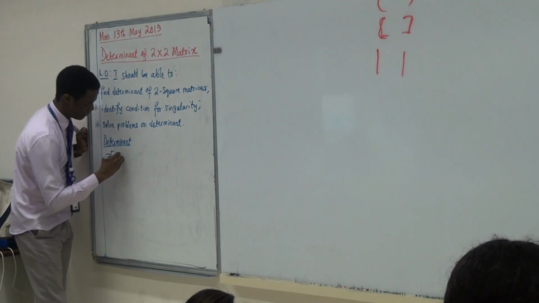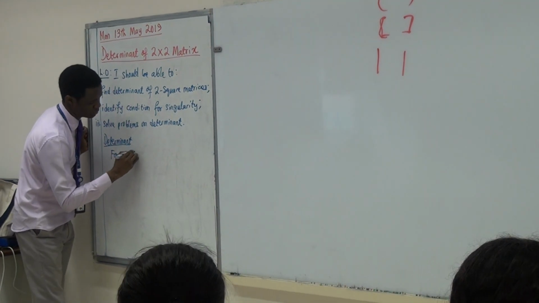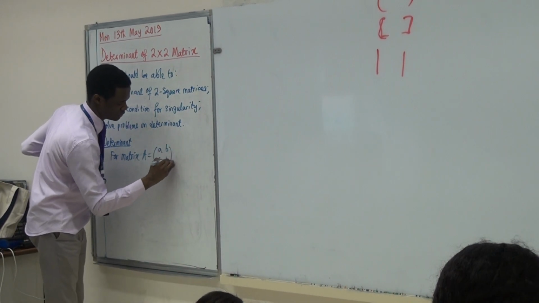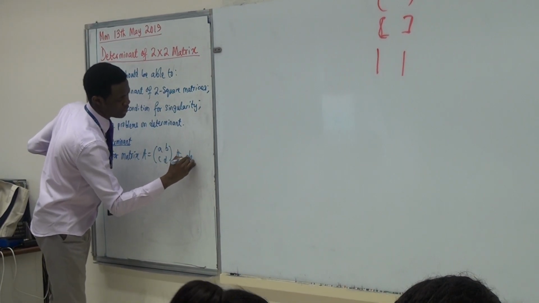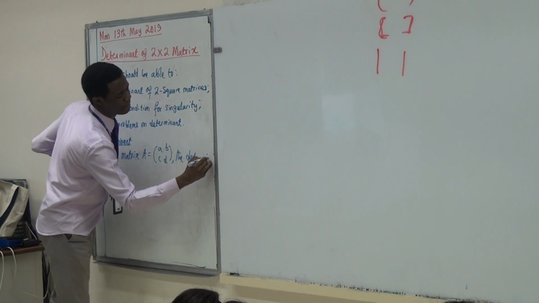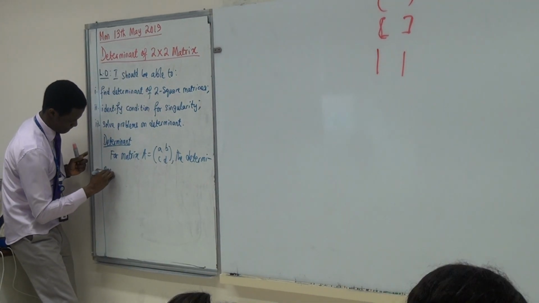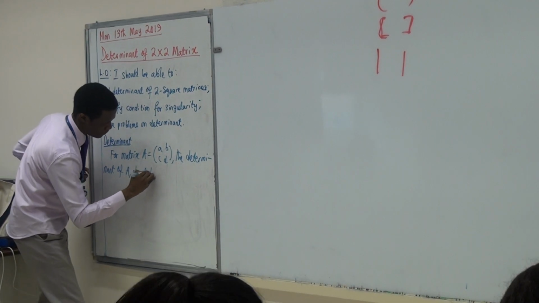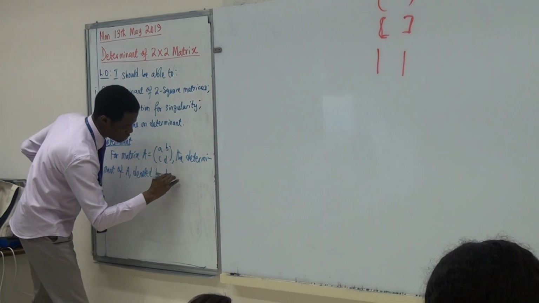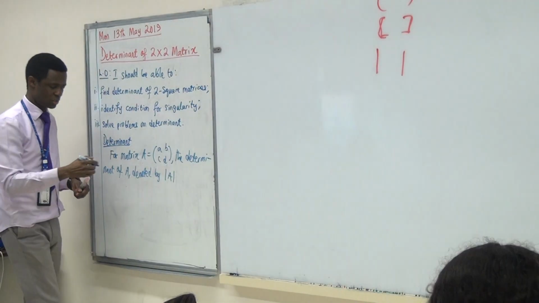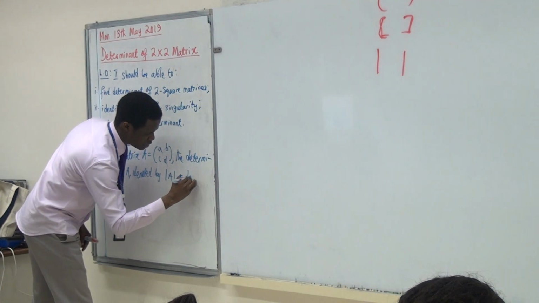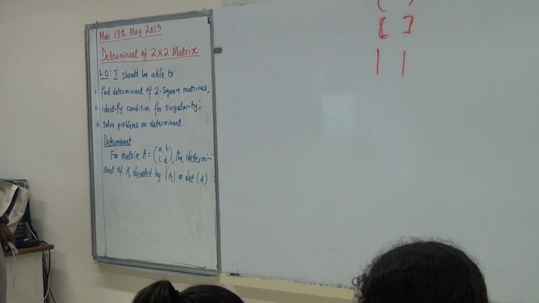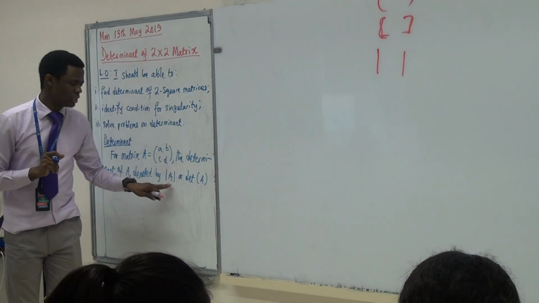So for a matrix, I write the matrix as A, maybe the elements are A, B, C, D. The determinant of A, we denote it by either that modulus sign, that vertical stuff, or DET bracket A. So if you see something like DET bracket A, at my level of study, we hardly use this.